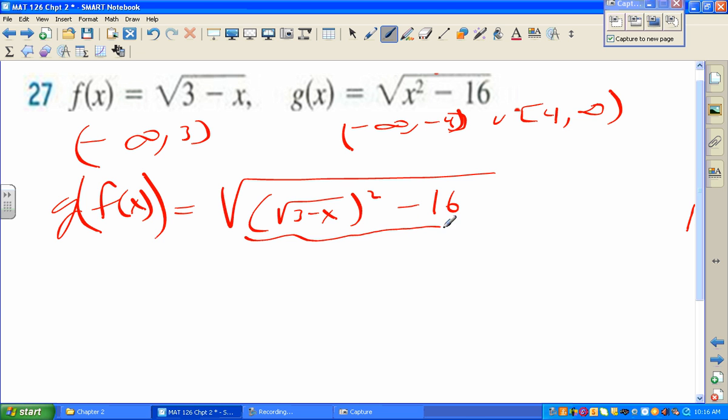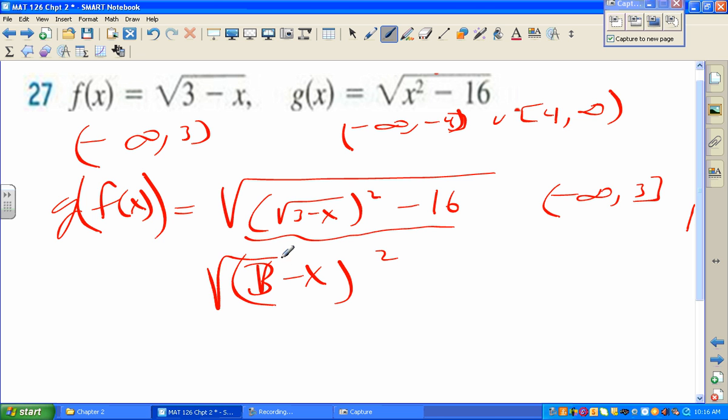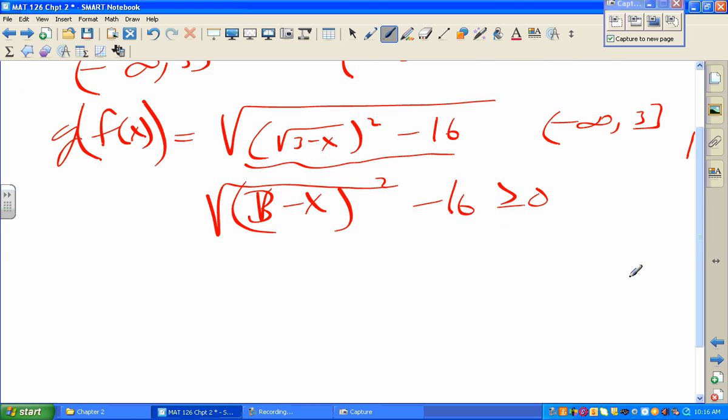So we'll just take this part. We know it has to be negative infinity to 3 as part of our answer. Then we take that square root of 3 minus x squared, minus 16. That has to be positive. This technically is the absolute value of x, but I don't think it matters in this algebraic problem.